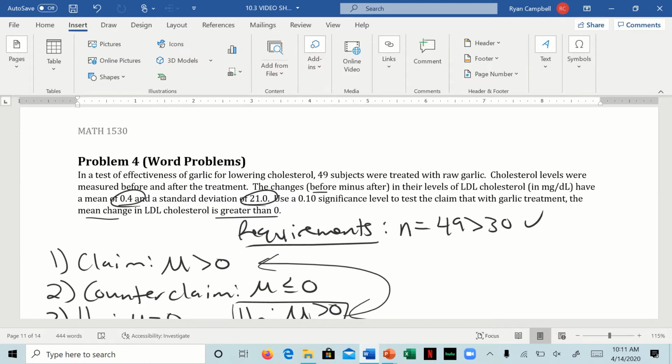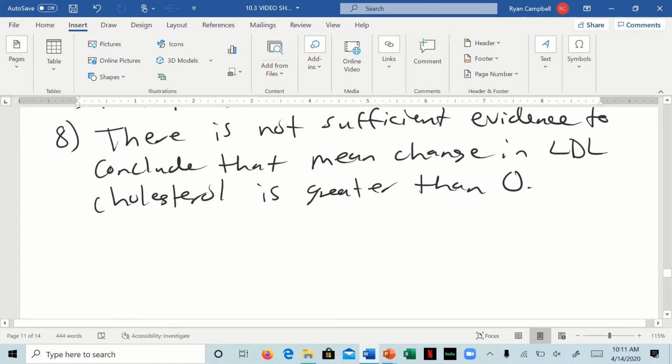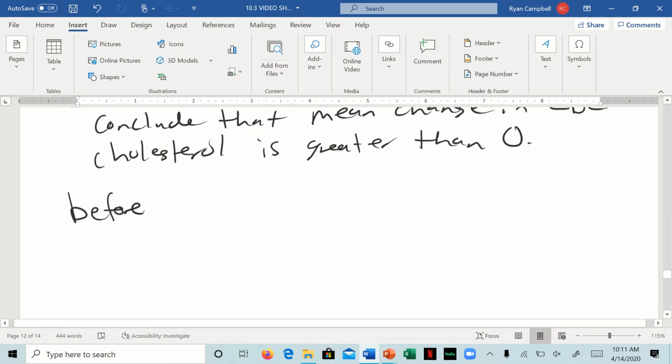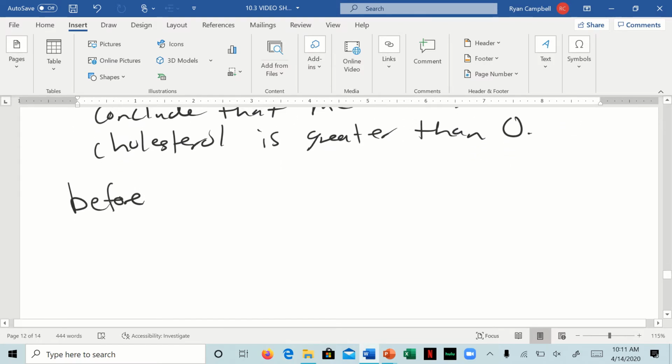So it said the change is before minus after, right? So if it lowered the cholesterol with the garlic, right? So again, I don't know what cholesterol levels are. So if you know anything about that, you can feel free to make fun of me. You know more than I do on this topic. So let's just make up a number. Let's say that the before was 100, right?